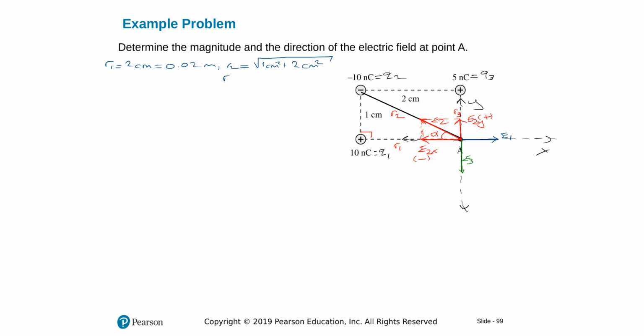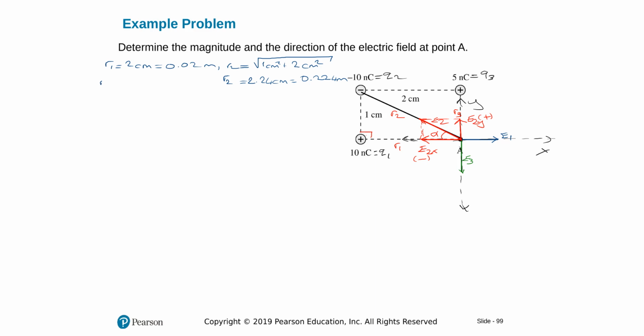This is Pythagorean again. Always one perpendicular side squared plus the other perpendicular side squared is equal to hypotenuse squared. That's what we're using here. If we do this calculation, R2 will be 2.24 centimeters. And that's equal to 0.0224. I'm not going to round here, just leave the full number in meters.